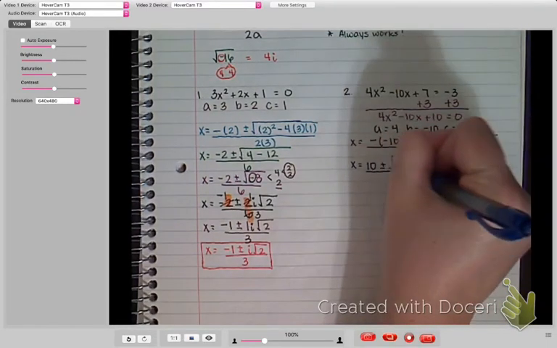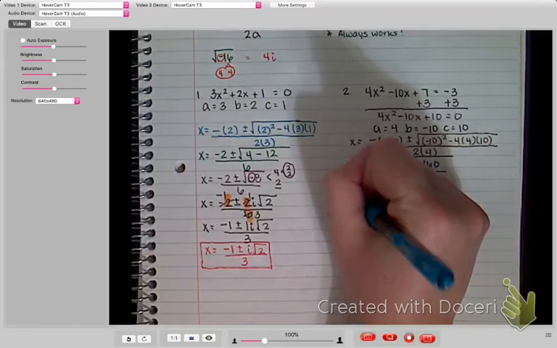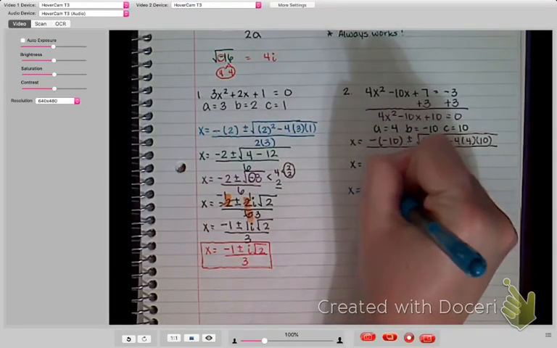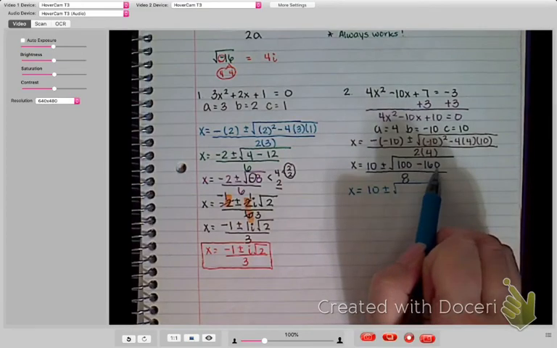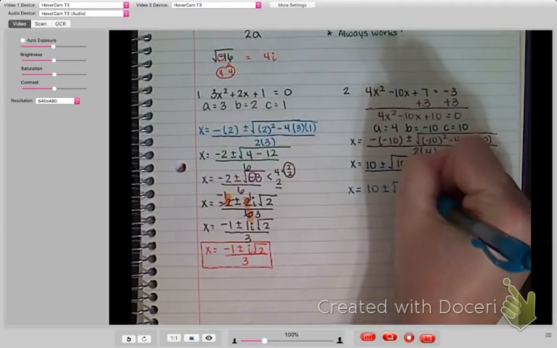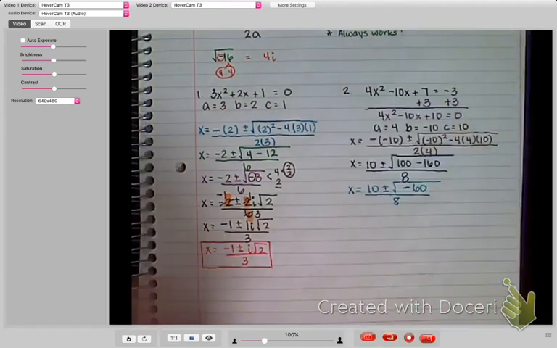All over 8. Okay. Keep simplifying. 10 plus or minus the square root. 100 minus 160 is a -60. All over 8.